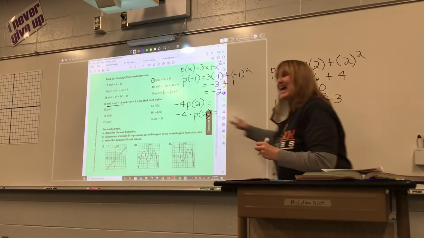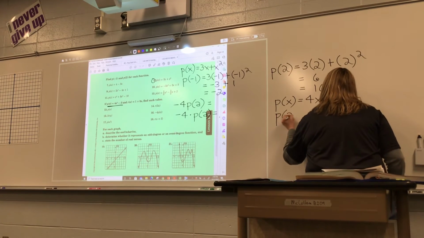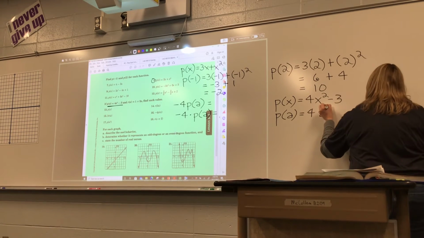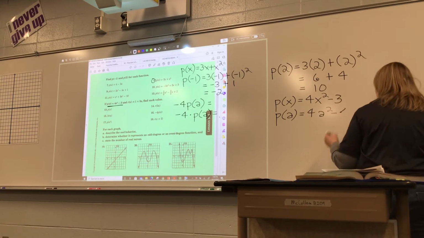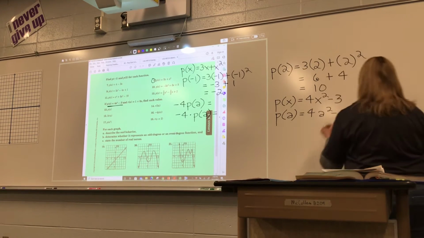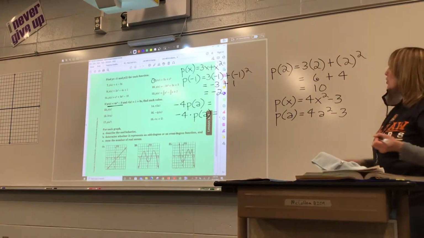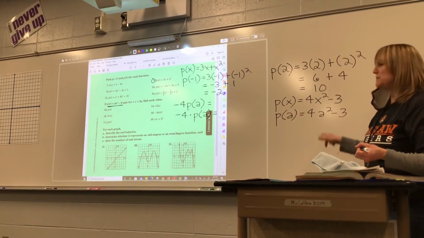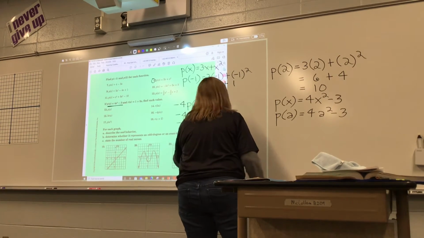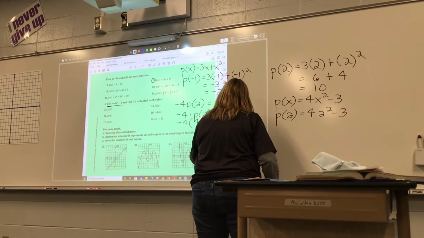If the input is a to that function, that just replaces the x with an a, and that makes the expression become 4a squared minus 3. So when they say -4 times p of a, they really want us to take -4 times the quantity 4a squared minus 3.